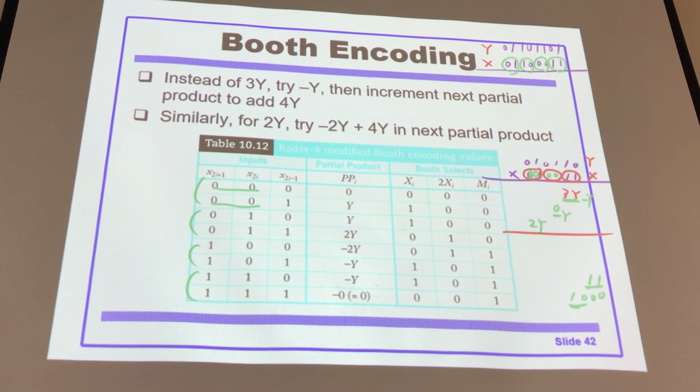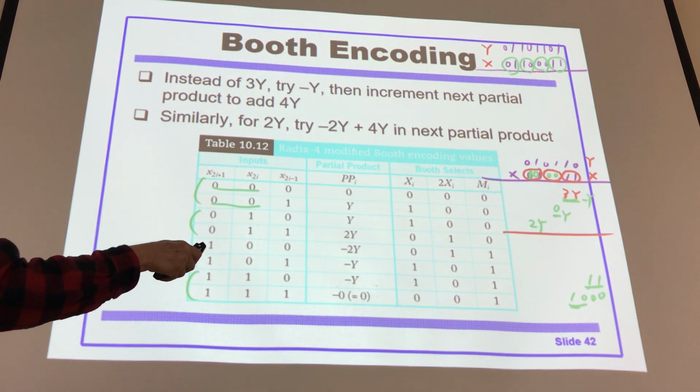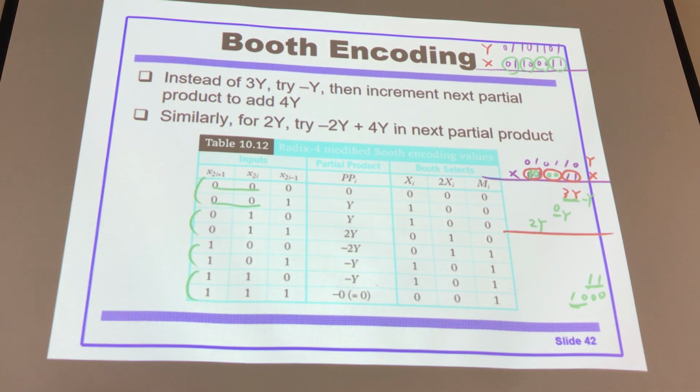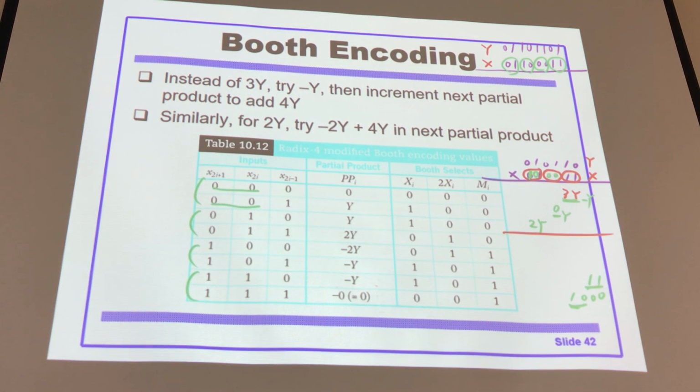So can you tell me how many partial products do we have using this encoding? How many? 4, right? You have 4 groups, each group 2 bits. So we call that radix 4 because it's 2 to the second. And the first partial product, 1, 1 is here.